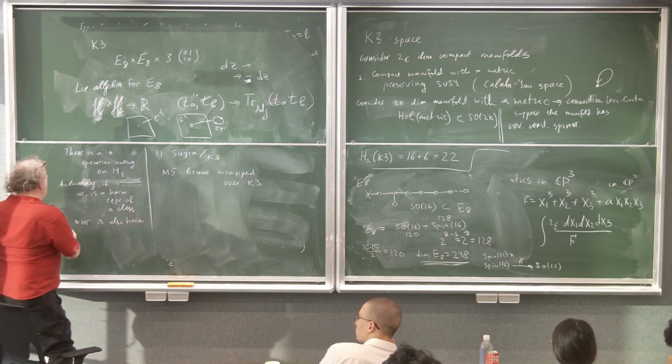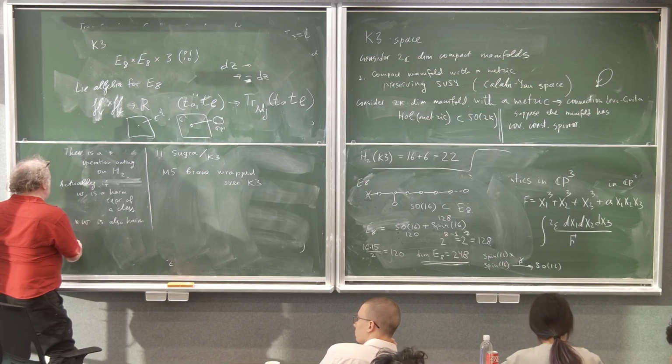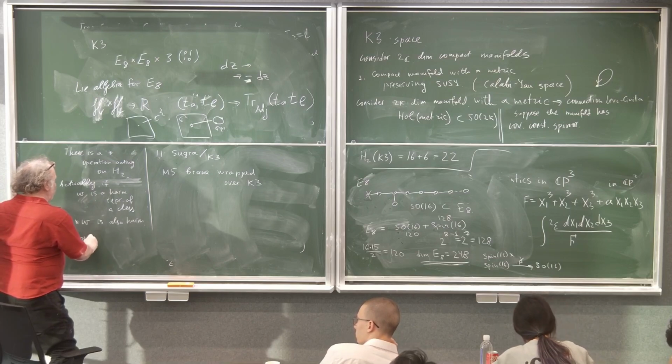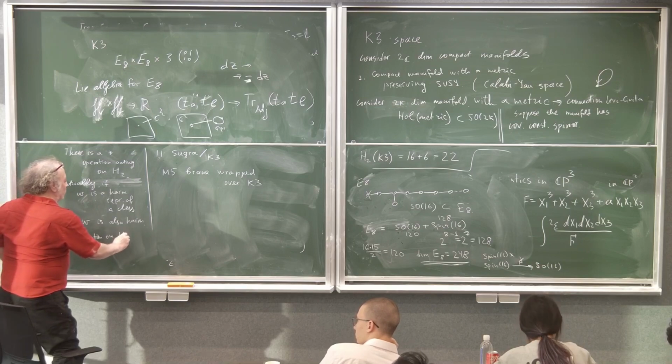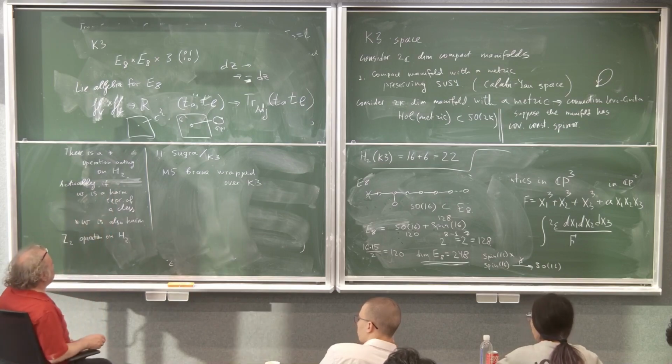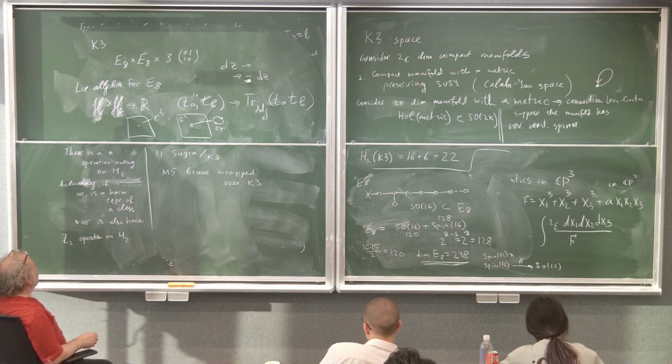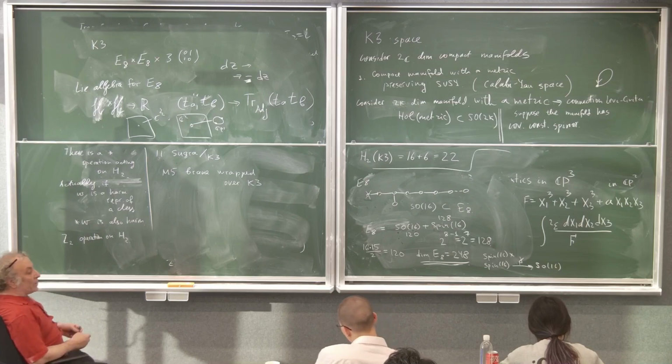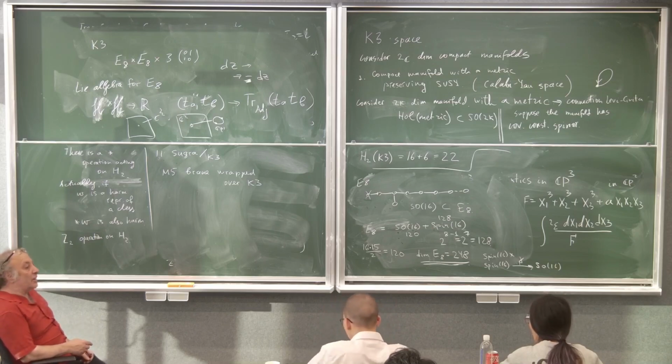So we have a Z2 operation on H2. So there are self-dual forms and anti-self-dual forms.